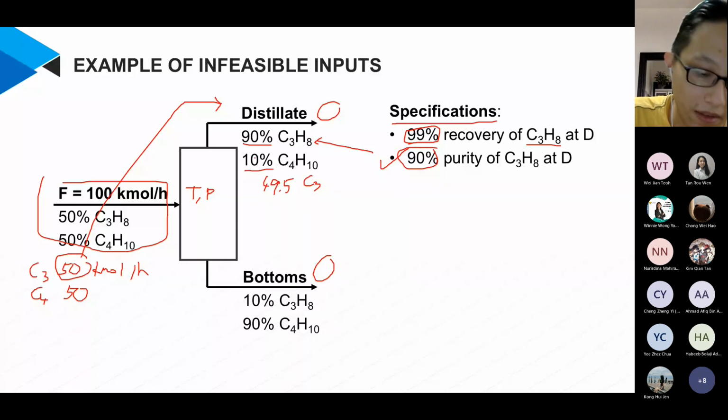So you can calculate that, and that will mean that in theory, I will need 49.5 times 1/9. That means that this will be 5.5 kilomole per hour of C4. Because there are only 2 outlet streams, right? One is not going out the top, needs to go down the bottom.